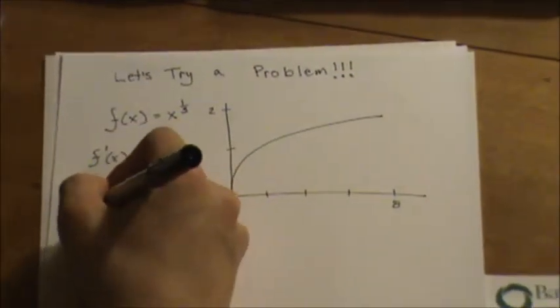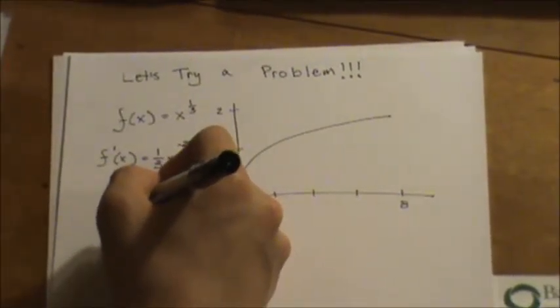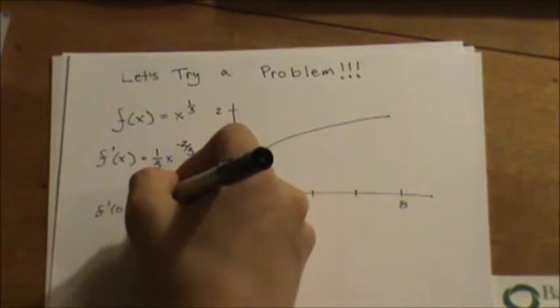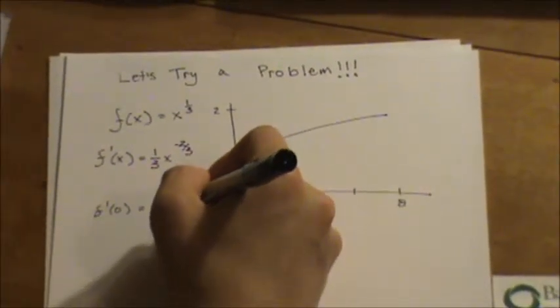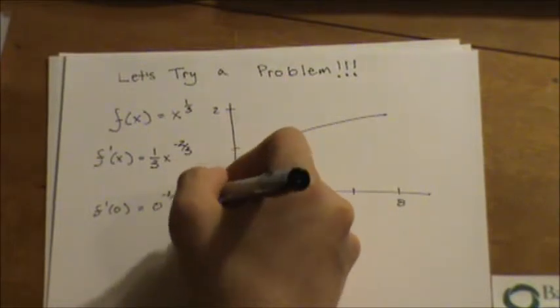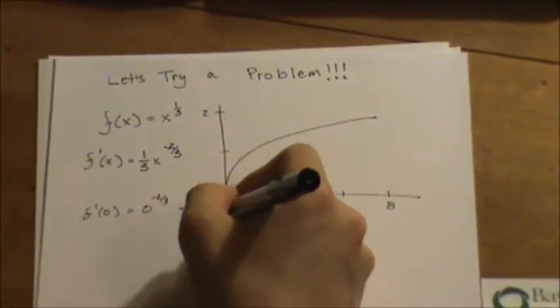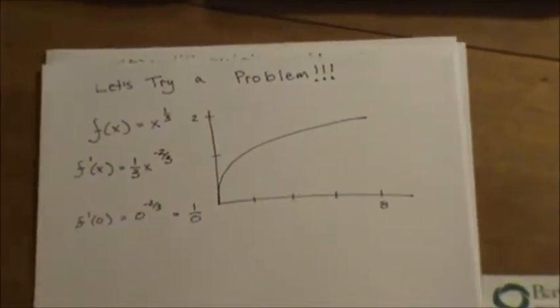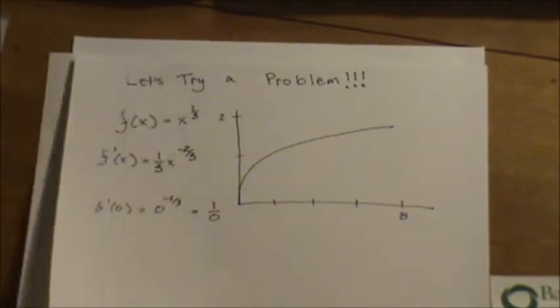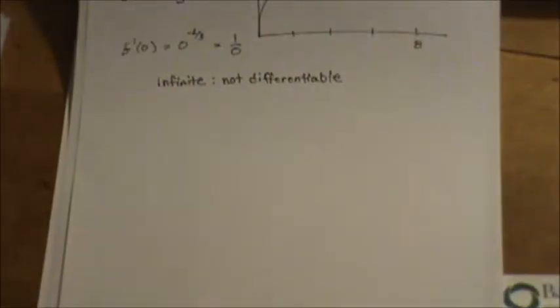Now, our whole graph looks differentiable for the whole thing except possibly at 0. 0 looks like it might be a vertical slope. Let's test it real quick. Put in 0: 1/3 times 0 to the negative 2/3. 0 to the negative 2/3 equals 1 over 0 to the 2/3, equals 1 over 0, which is infinite.